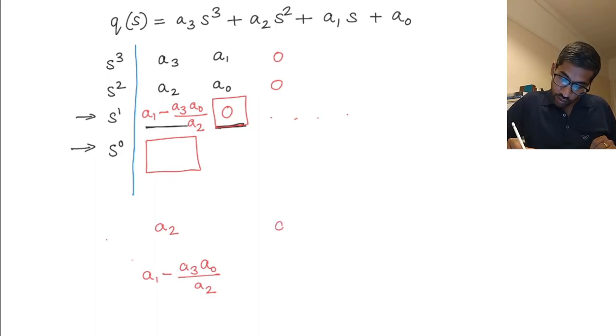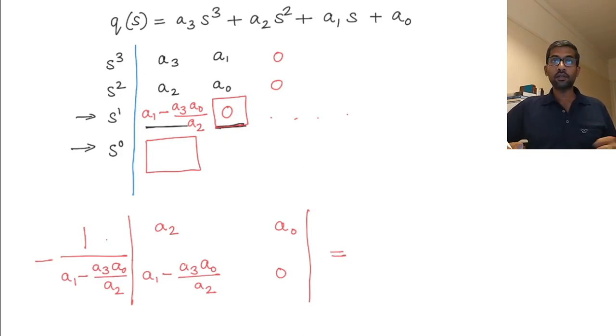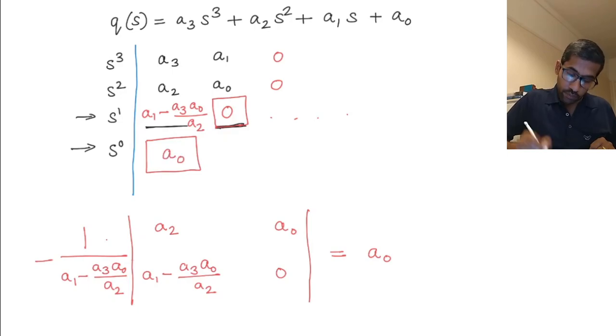That's going to form my determinant, and the value is going to be divided by what? Minus the value here, right? So it's a1 minus a3 a0 over a2. I'll leave you to work this out, but what you would see is the answer is going to be a0.